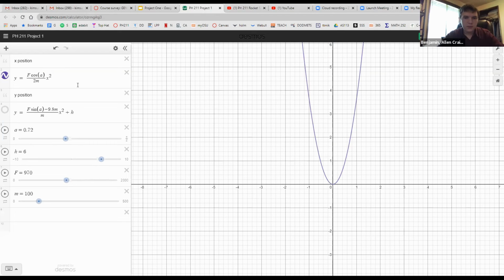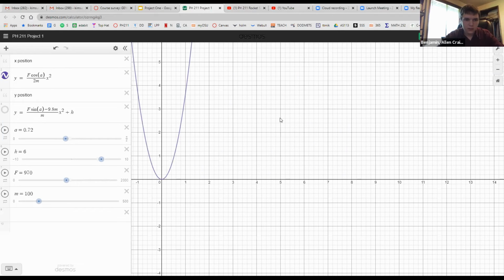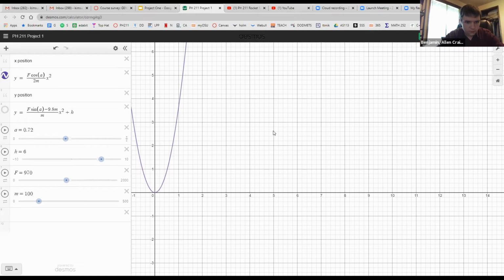For the x position versus time, you can ignore the negative part of this graph. We have these different sliders that we can adjust. A represents the angle, and as we increase the angle closer and closer to pi over 2, the x position with respect to time grows less and less quickly. When it's pi over 2, it's hardly changing at all.